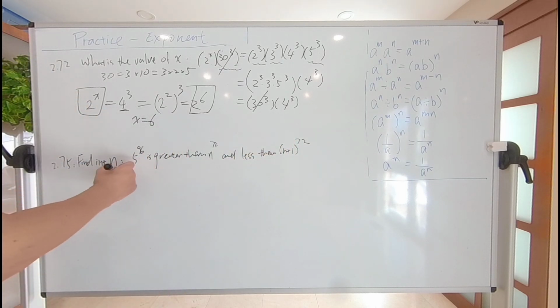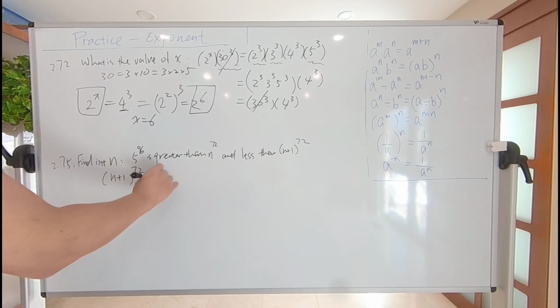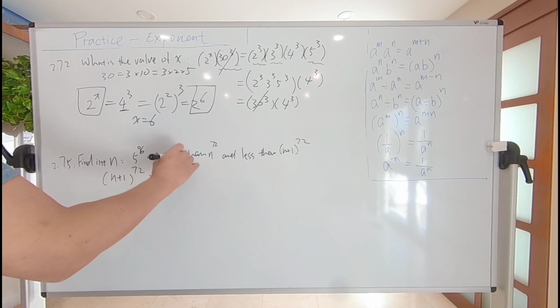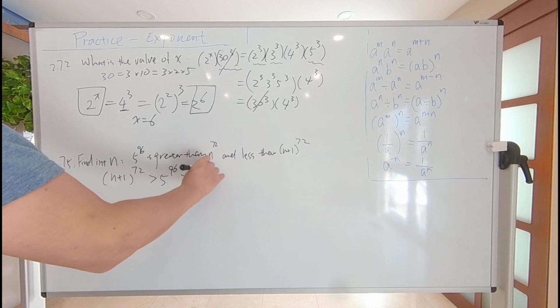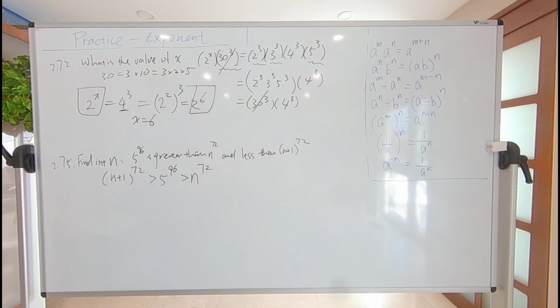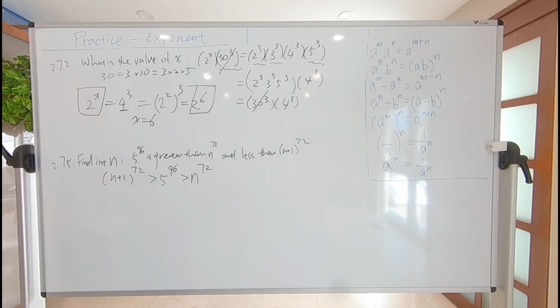So basically we're looking for a number such that n plus 1 to the power of 72 should be greater than 5 to the power of 96, which should be greater than n to the power of 72. Right, so at the beginning, first of all, they all have different bases and different powers, so we need to find a common factor first to try to simplify this question.